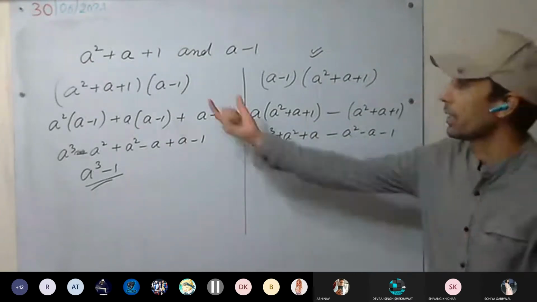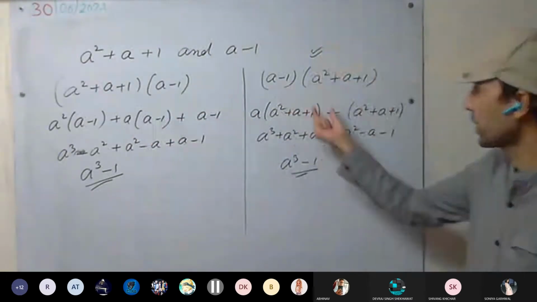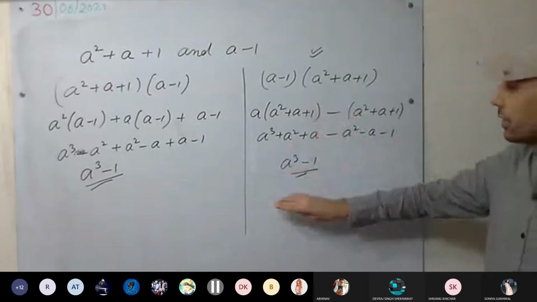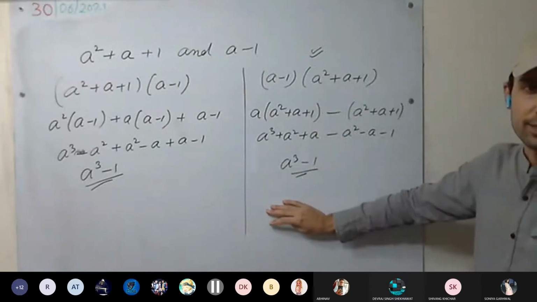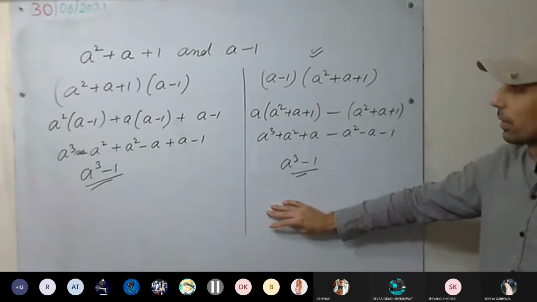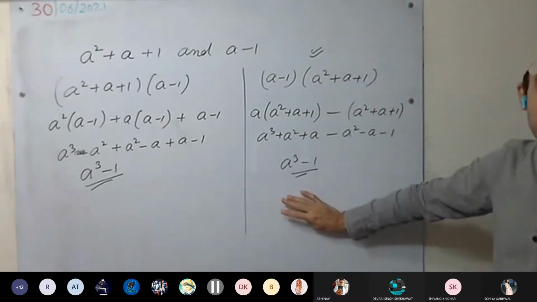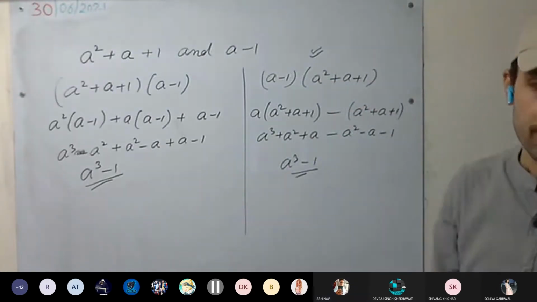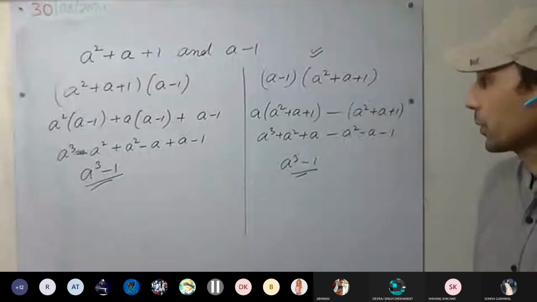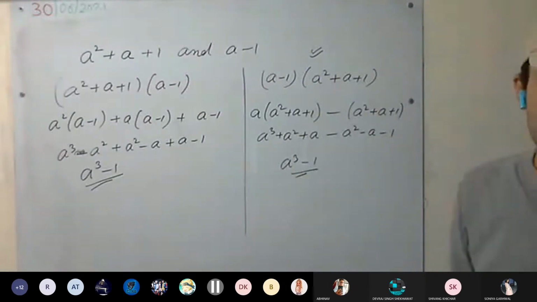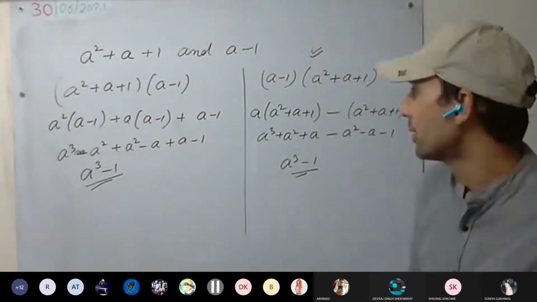So it's up to you. Either you can use this method or you can use it like this. It will get done. So this is clear? Any way you can do, that's up to you. Everyone have understood it?